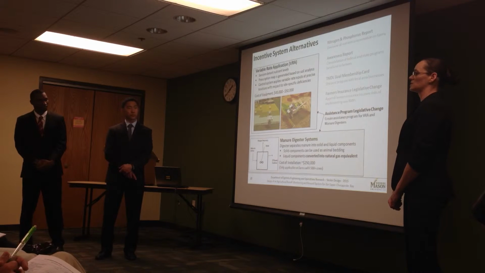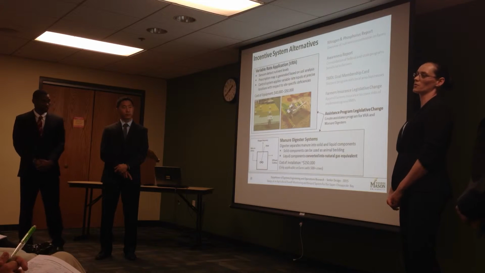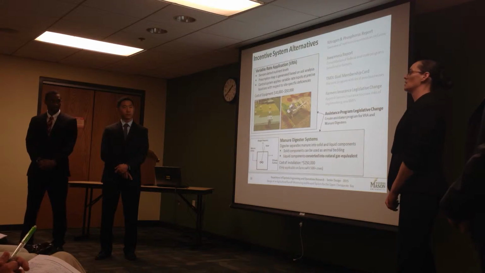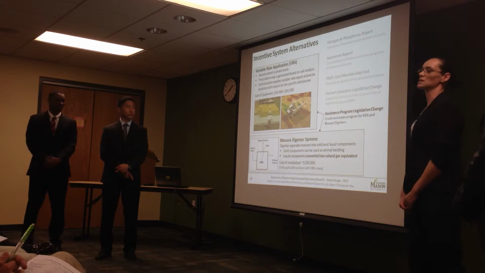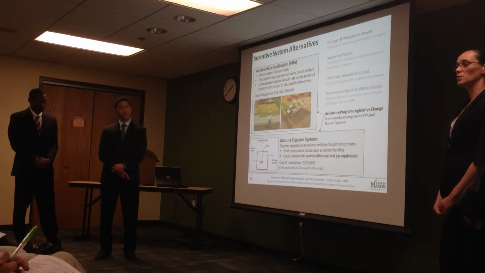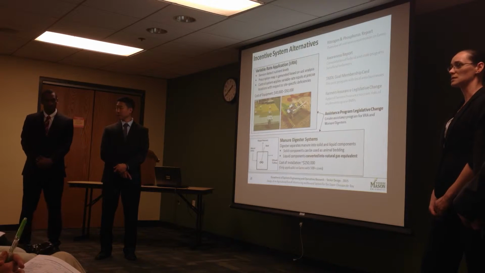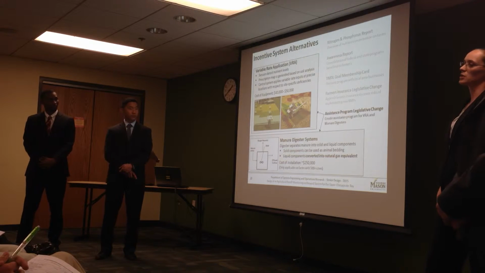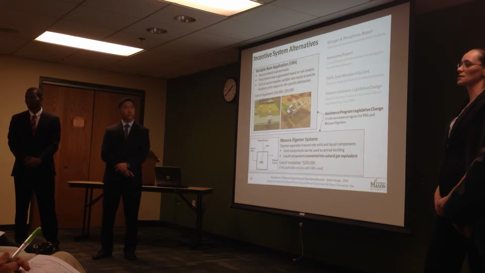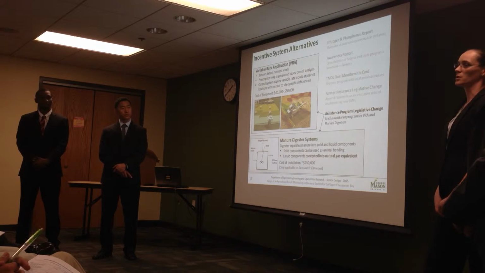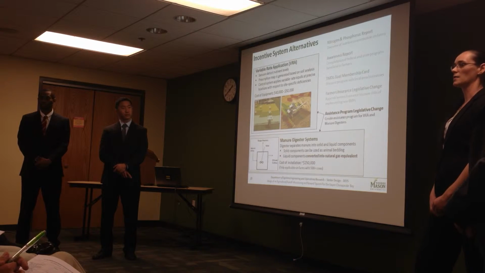Additionally is the manure digester systems. These are for the livestock farmlands. Livestock produces a lot of manure, and that manure often leads to a lot of excess nutrient runoff into the groundwater system. So what you can do is install a manure digester that will separate the manure into 2 components, both solid and liquid.